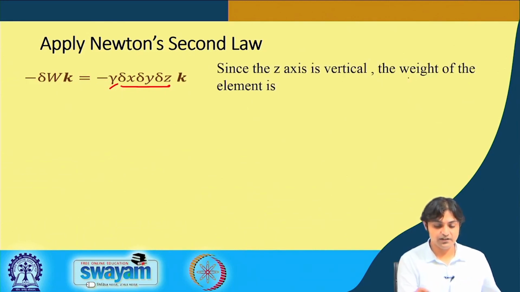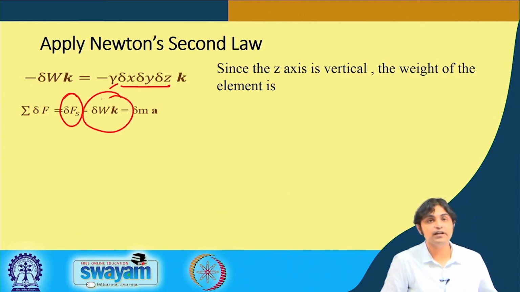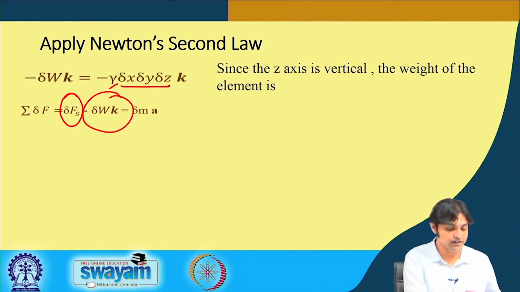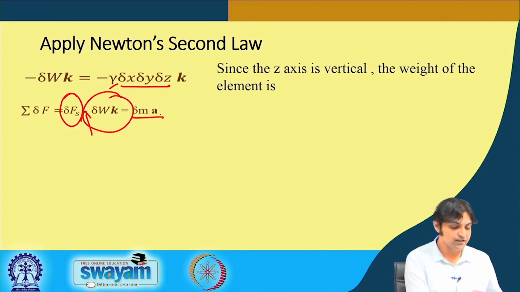Since the z axis is vertical, the net force will be the surface forces plus the weight. Since the weight is acting downward, we have assumed a negative sign here, and this should be equal to delta m into a. So net force delta F is the mass into acceleration.